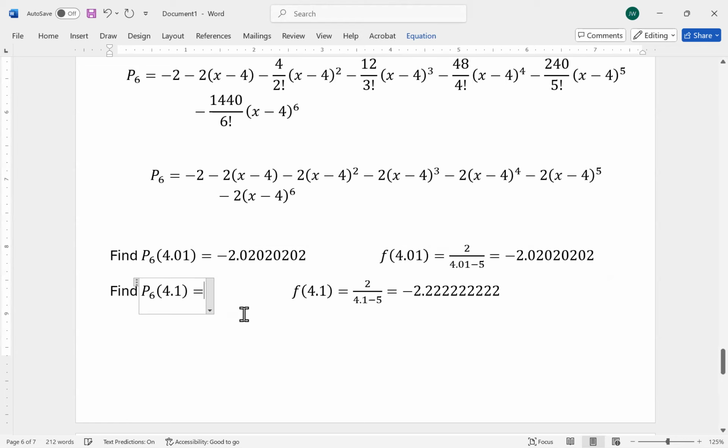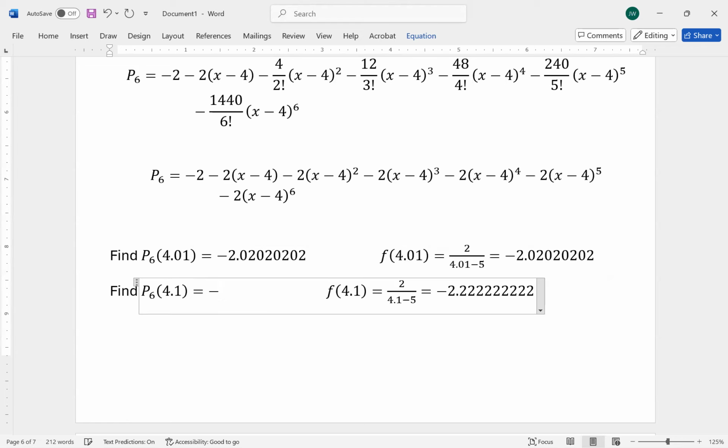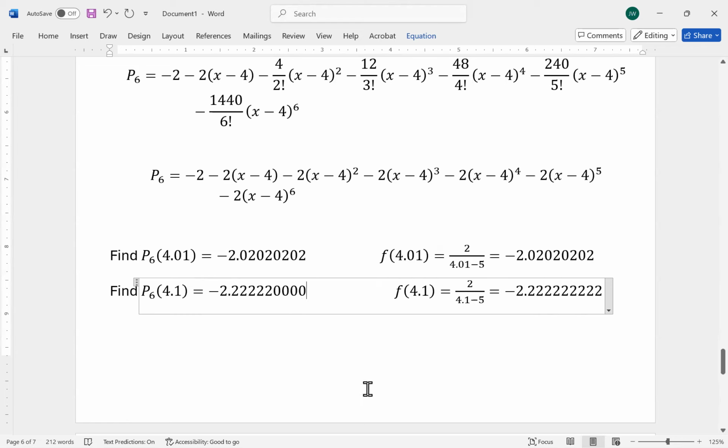When I plug in 4.1, I ended up getting negative 2 point and then only 6 decimals worth of twos. Here, I got out 9 decimals worth of twos. And then after the 6, it's basically all zeros. So that's why your calculator display doesn't show that. Now, I want to point something out.